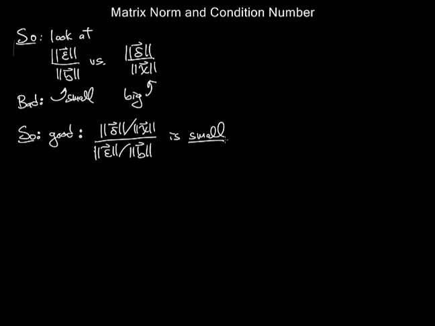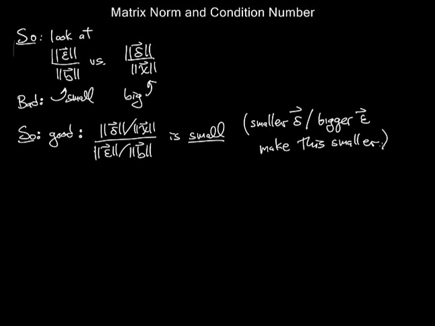So that's what we're going to talk about a little bit. How do you estimate, or what can you say about the size of this ratio? And notice that a smaller delta and a bigger epsilon both make this thing smaller, which is the right idea. Small delta and big epsilon is good.